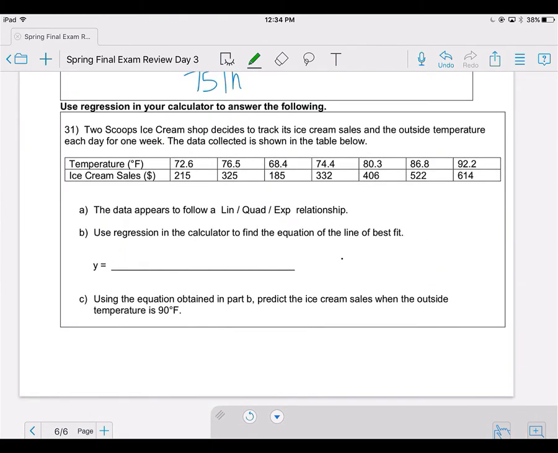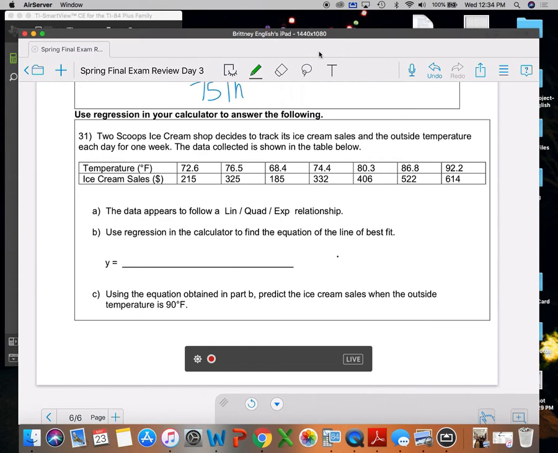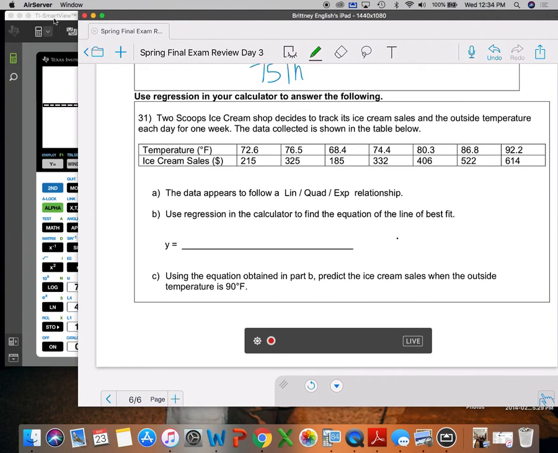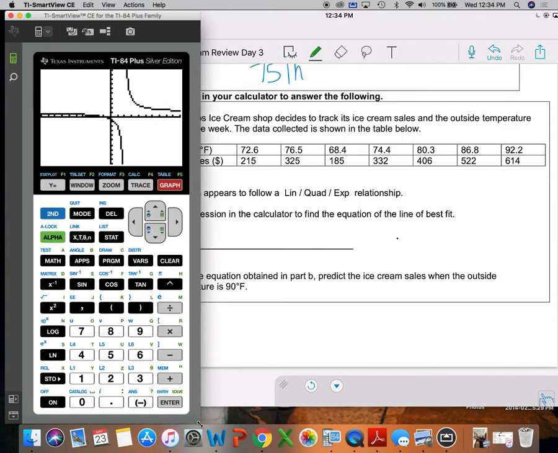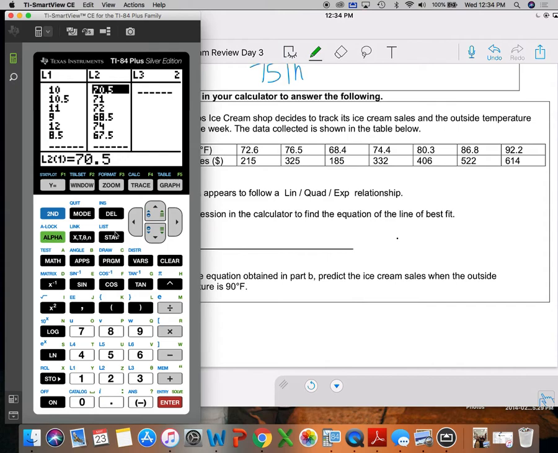Okay, this one, because I'm talking real world data and they don't give me a graph, I'm going to graph this in my calculator. So remember, your steps are to start in stat edit, and type it in exactly like I see it.